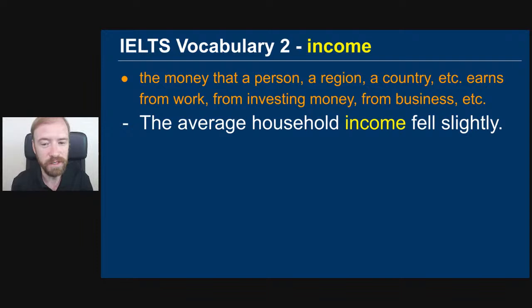A company always has an income, or we'll talk later about their profits, the money coming in. So think of salary as just your job, but your income can be your job, and it can also include investment or other ways you make money.